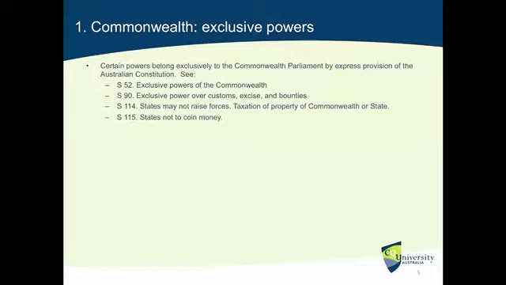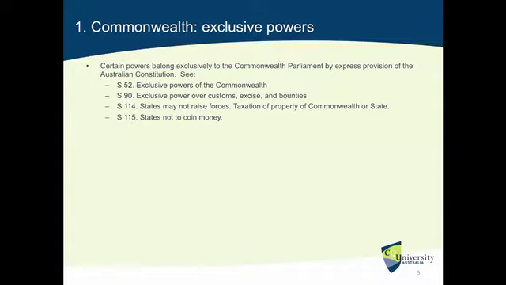The Constitution also provides that states may not raise their own armed forces, which means that the maintenance of armed forces is a power that exclusively belongs to the Australian Commonwealth Parliament.